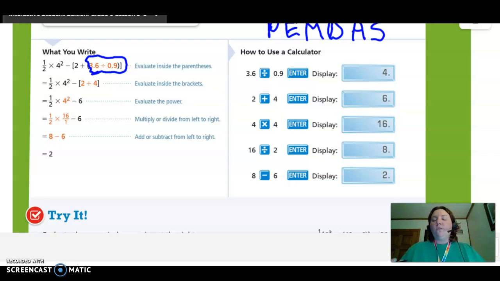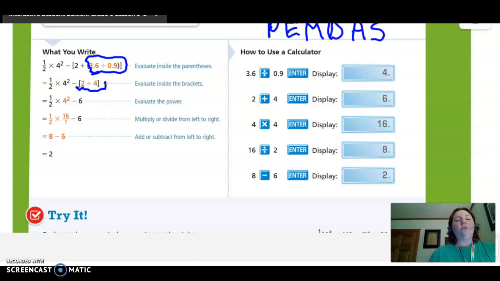So for those of you who are really good at estimating and doing that mental math in your head, there's a strategy that you might use. 36 divided by 9 is 4. So I bet my answer is going to be 4 or some power of 4. And sure enough, if we put 3.6 divided by 0.9 in our calculator to double check, we find that it does equal 4. Next, we have to deal with these brackets.